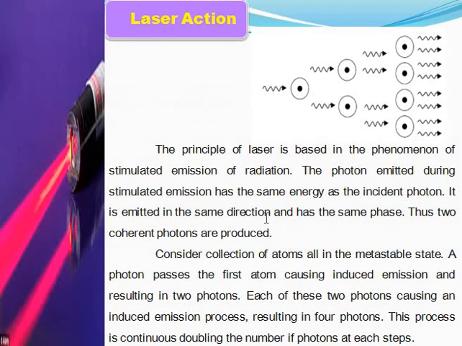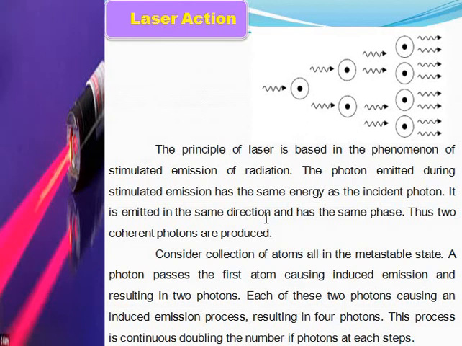Second is the source of incident radiation whose energy must be equal to the energy difference between the two energy levels. In order to make an induced emission, the incident photon energy must be equal to the energy difference between the two energy levels.